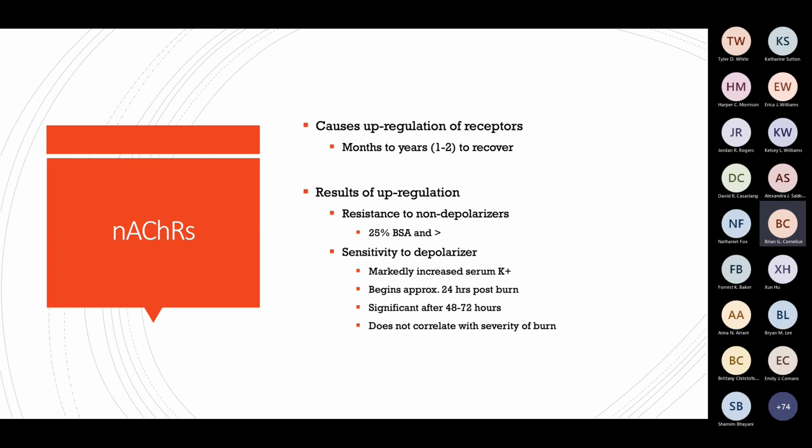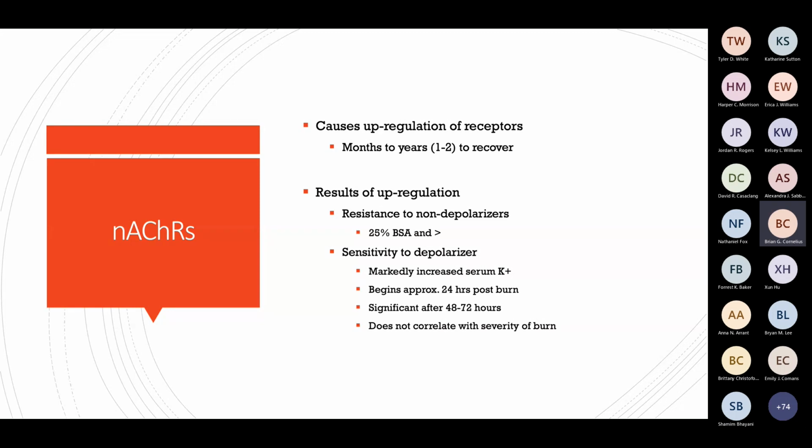So if you have somebody with a history of burns, especially in that first 2 years, you probably want to avoid giving succinylcholine. The caveat to that is if you have a fresh burn within the first 24 hours, you're probably okay to go ahead and give succinylcholine. So after 24 hours and up to about 2 years, you probably want to avoid succinylcholine for those patients.